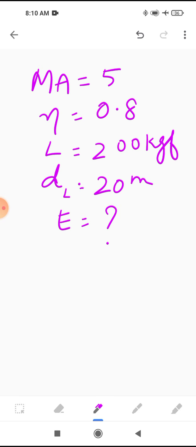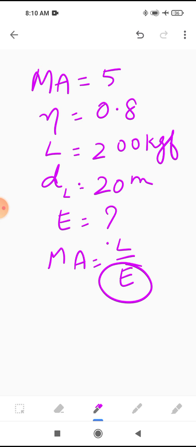Effort, how to calculate? First you have to use the formula for MA. MA is equal to load upon effort. From this formula you can calculate effort because load is given, MA is given, so effort you can find out. Let us calculate.